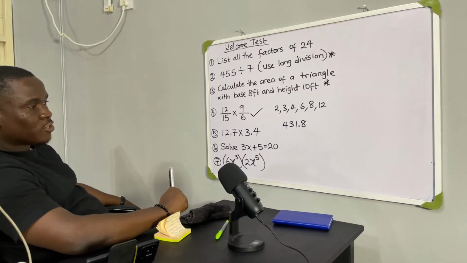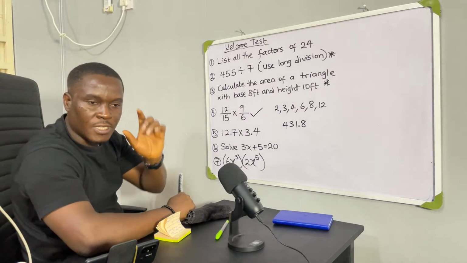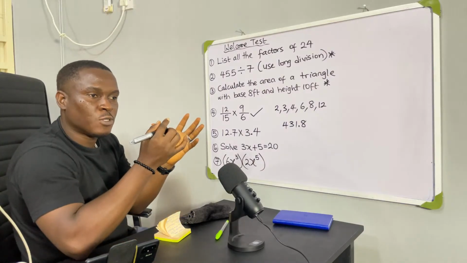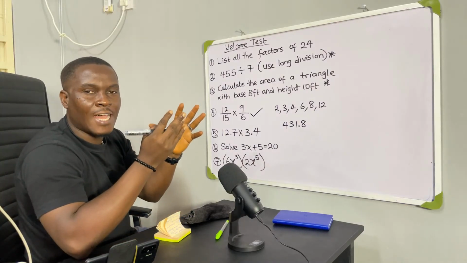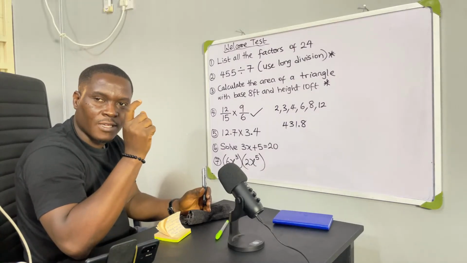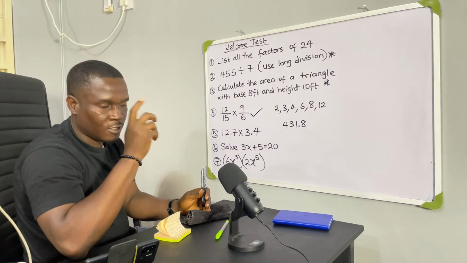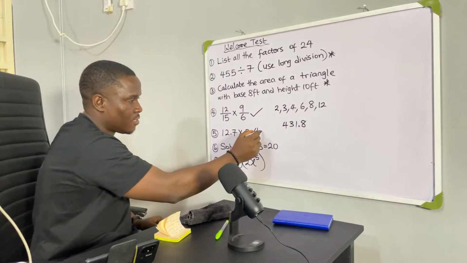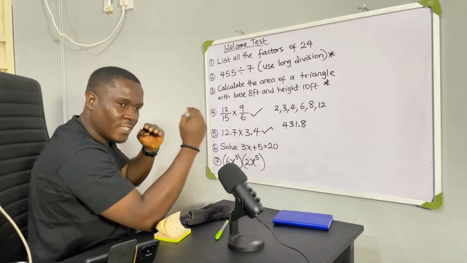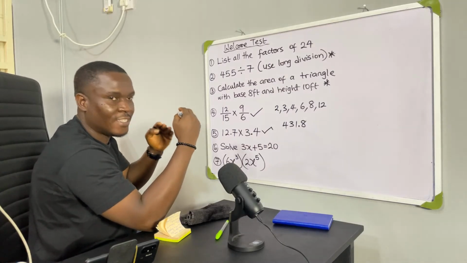I think your answer is close, but you made a little mistake. That's why we're having this class, because the difference between passing the ASVAB test and failing might just be little mistakes that you make, right? So I'm going to put this mark on this. That means you're almost there, but not there yet.